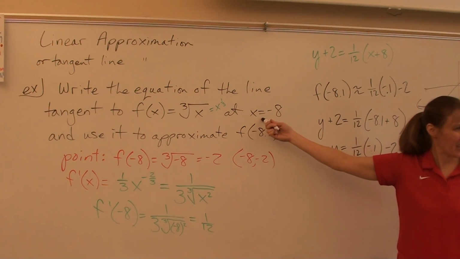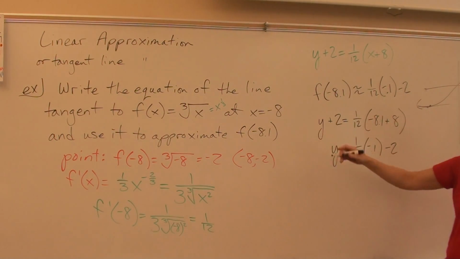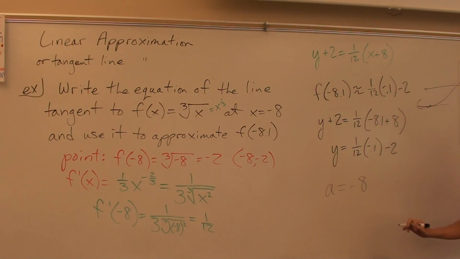They use the letter A. So if you see something where they say A is negative 8 instead of x, just know that the A is the x value of the point of tangency.